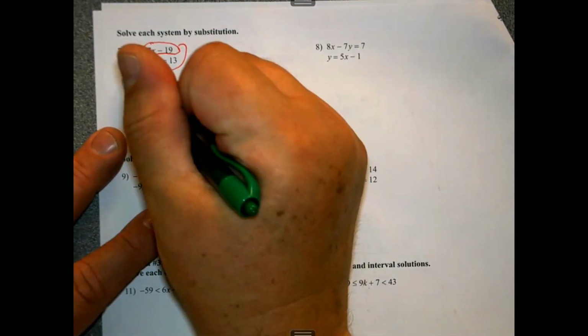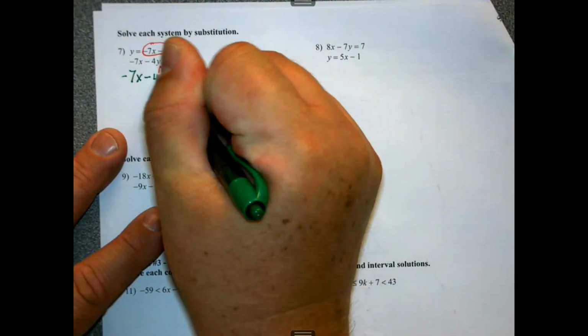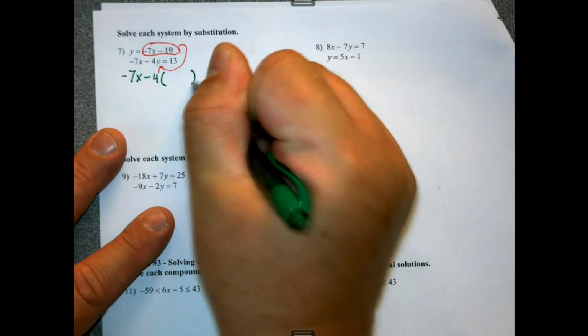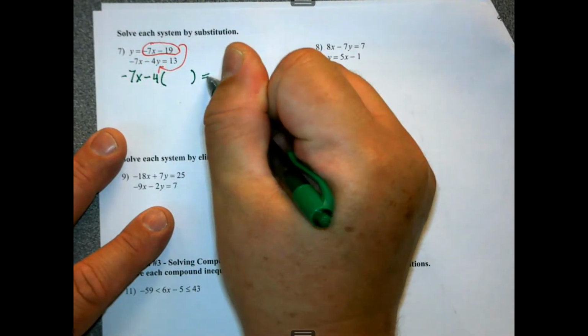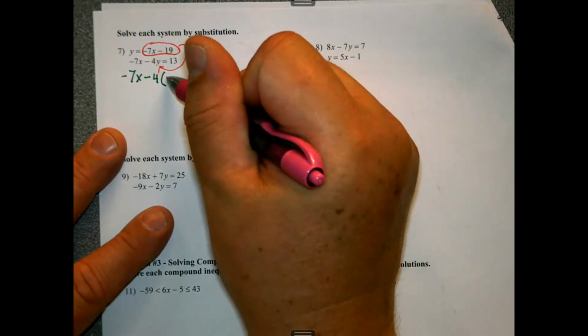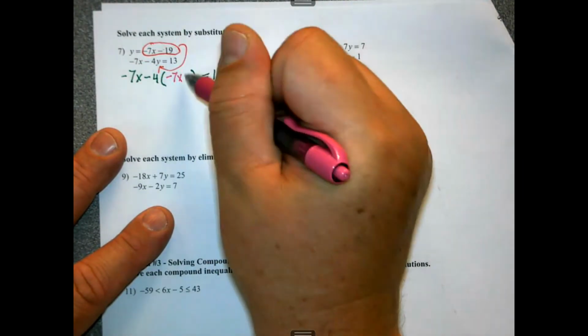So I have negative 7x minus 4. I'm going to put my parentheses in there for the substitution of y equal 13. My y is negative 7x minus 19.